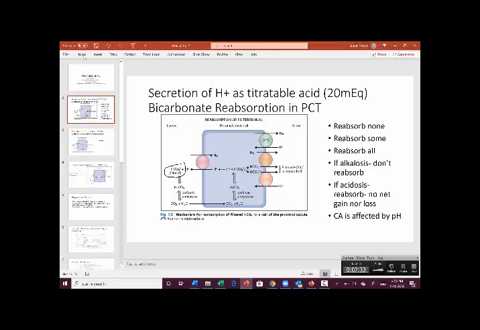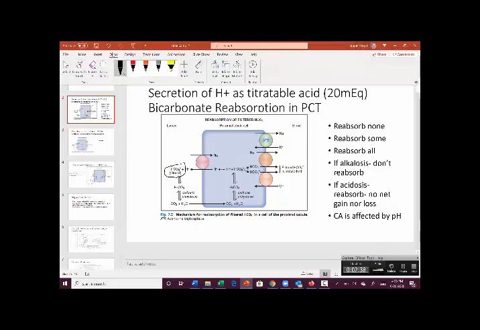When would it be appropriate for the proximal convoluted tubule to not reabsorb filtered bicarbonate? When a patient has alkalosis, if they are already having a higher pH, higher than normal, outside of a normal range, then reabsorbing more base would be contraindicated.